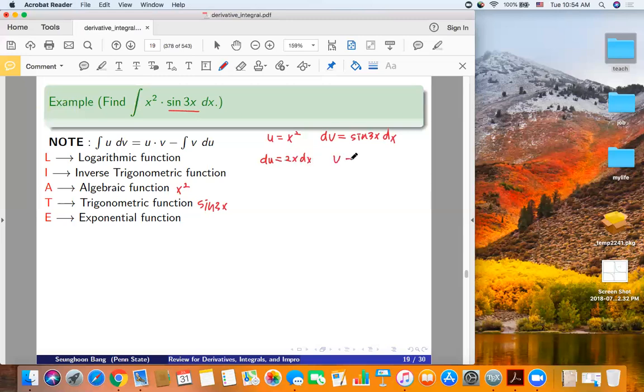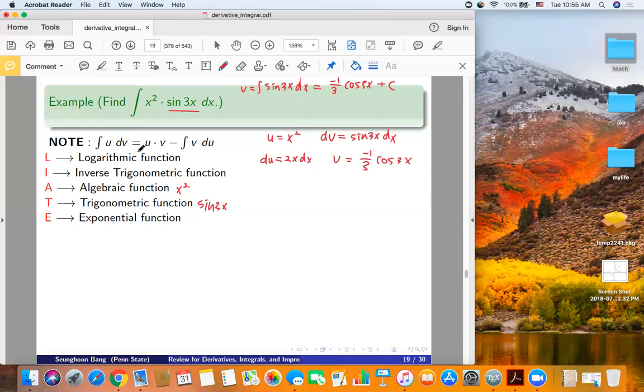How can you find v? The v is the integral of sine 3x dx, which is negative 1 over 3 cosine 3x plus C. So we have v as minus 1/3 cosine 3x.